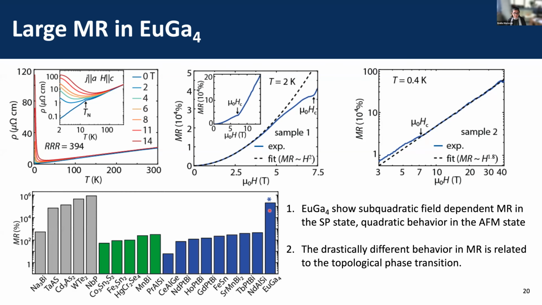However, europium gallium-4 seems to stand out as not only the largest magnetoresistance compound in these magnetic systems, but also comparatively large with that of the paramagnetic systems.